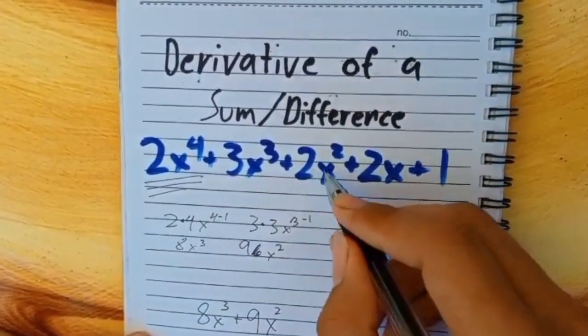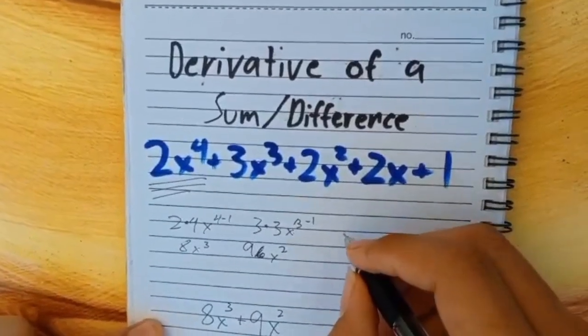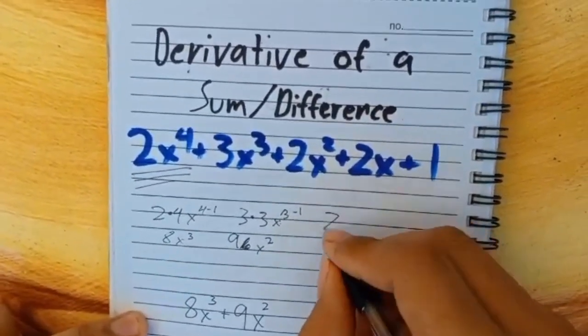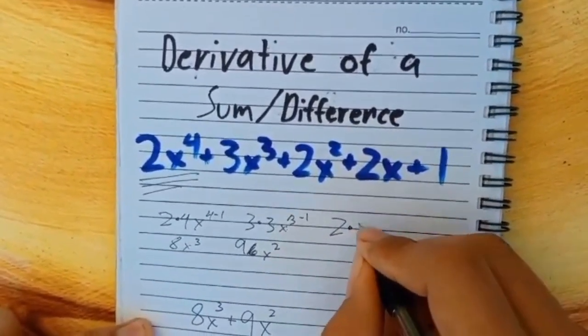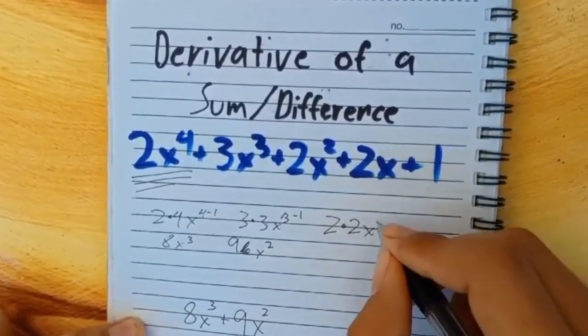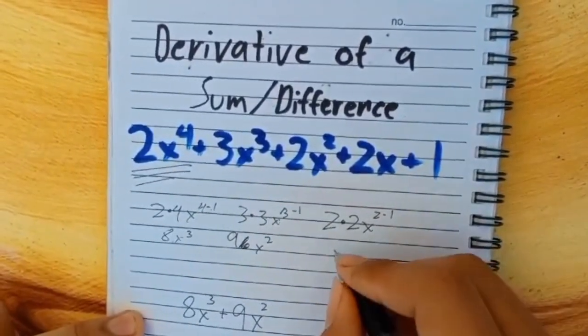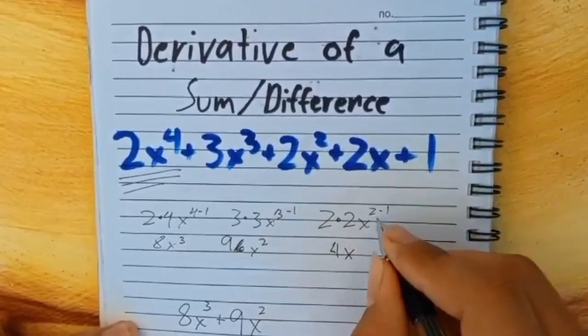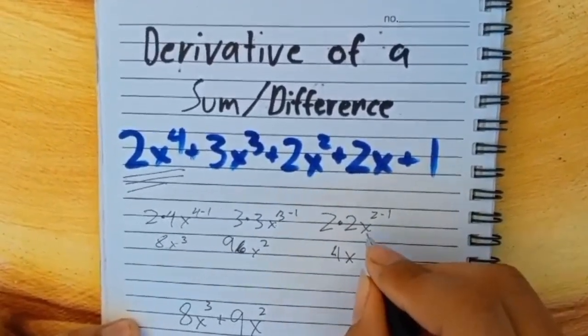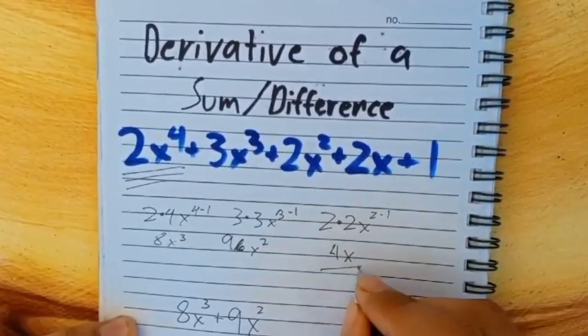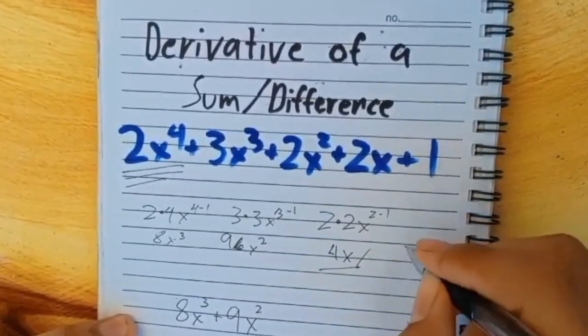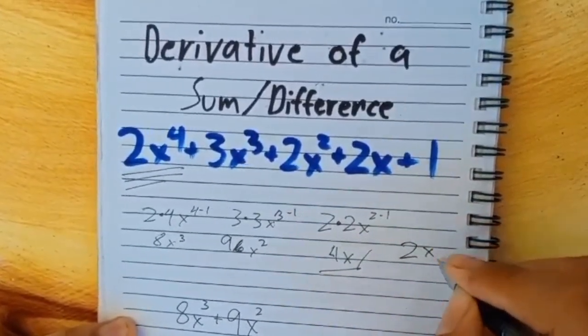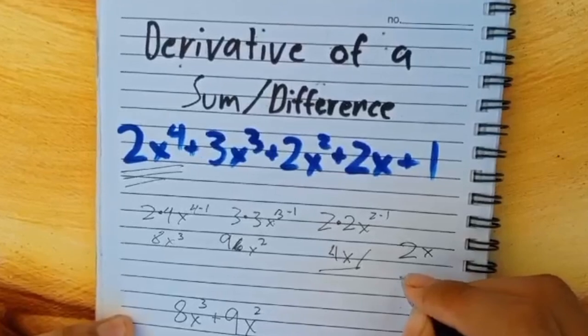Now 2x squared. 2 times 2x to the 2 minus 1 is 4x. Since 2 minus 1 is 1, x to the 1 being just x, then for the 2x, we just remove the x, with the derivative being just 2.